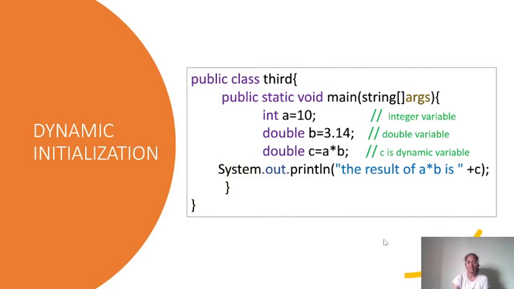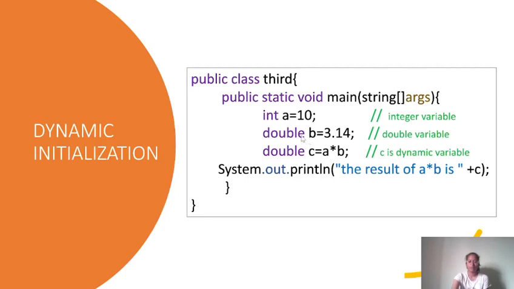Dynamic initialization. Initializing a value to the variable as a result of a calculation is called dynamic initialization. Here is an example. In this example code, we can see three initializations where A and B are statically initialized, which means the values of A and B are already initialized directly.